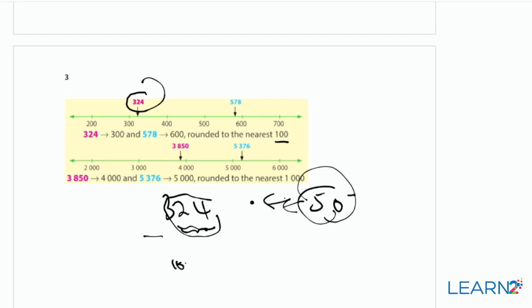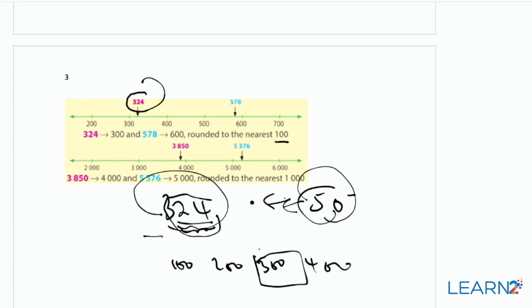So if we're looking at 100, 200, 300, 400, what is the 100 that comes before 324? That's obviously going to be 300. So rounding 324 to the nearest 100 means take it down to 300 because the 24 is not bigger than the 50.